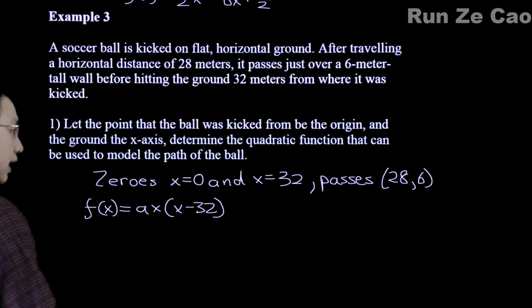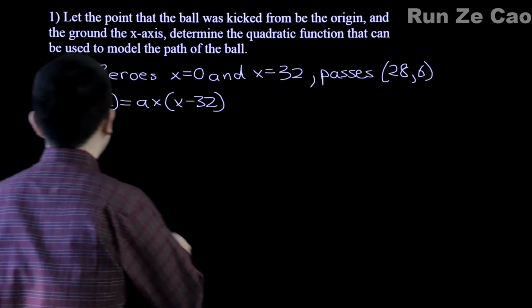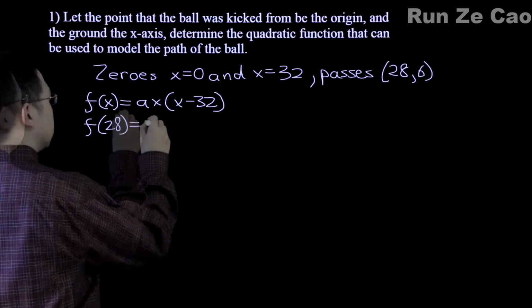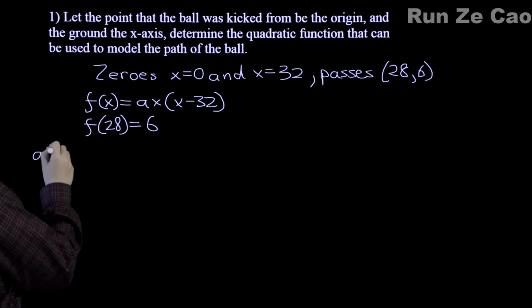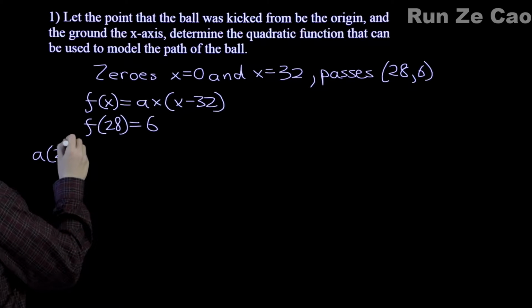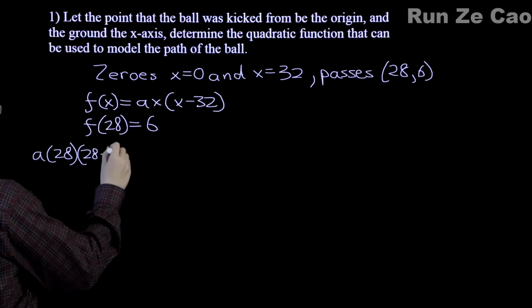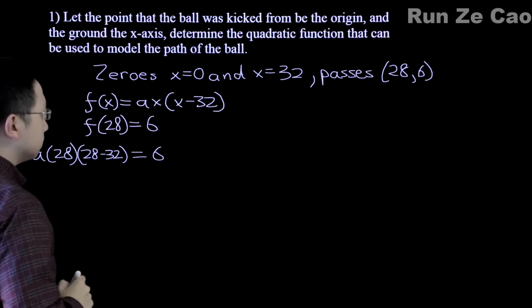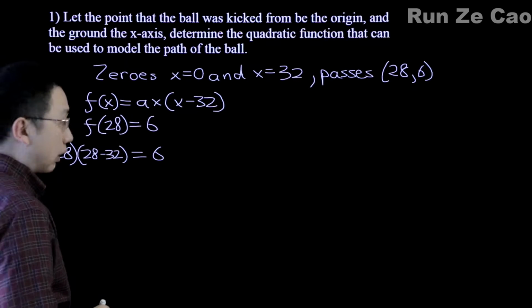So through 28, 6, that means f of 28 equals 6. So we have a times 28 times 28 minus 32 equals 6. 28 minus 32 is negative 4.